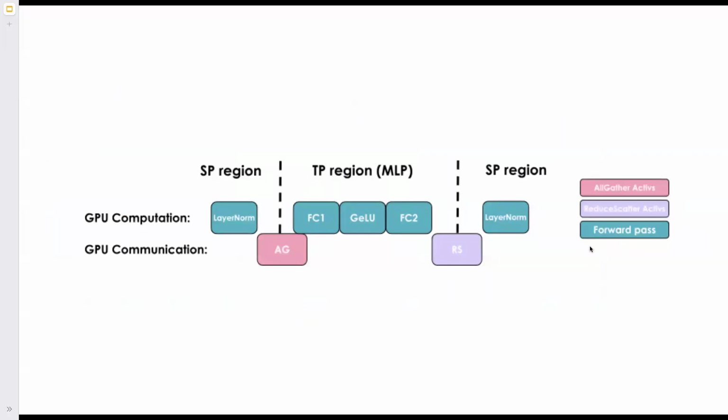In terms of efficiency, we now have two different operations: all-gather when we transition from the sequence parallelism to tensor parallelism, and then reduce scatter when we transition from tensor parallelism to sequence parallelism.